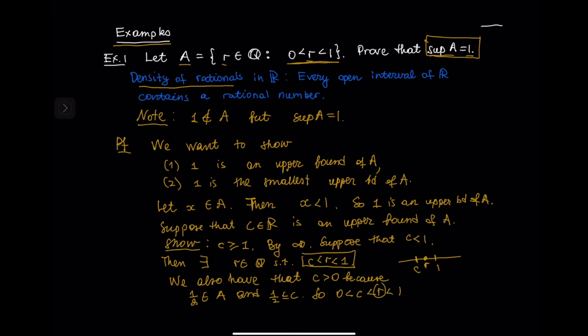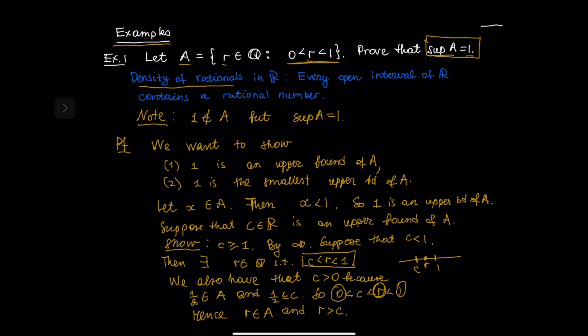So therefore this number R is in between 0 and 1, but then it belongs to the set A. It's a rational number that is between 0 and 1. So hence R is in the set A, and at the same time R is larger than C.